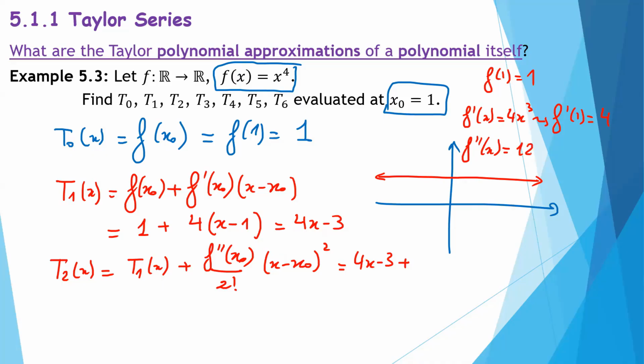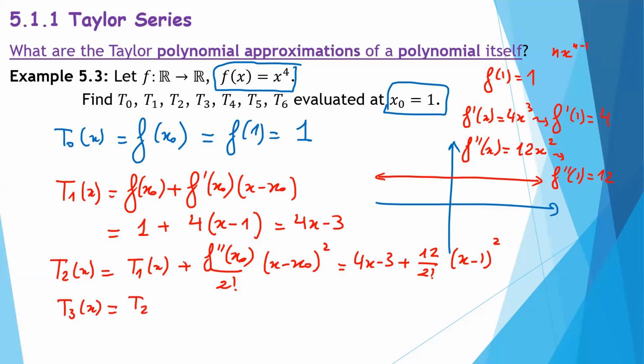Twelve x squared. So you multiply by 3 and you reduce the power by 1, n minus 1. This is the derivative of a power function. So what is f double prime of 1? 12. It's 12. So here 12 over 2 factorial times x minus 1 squared. What is T3?